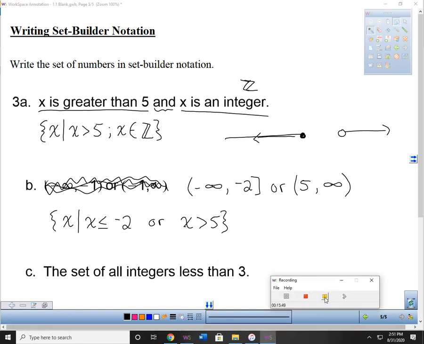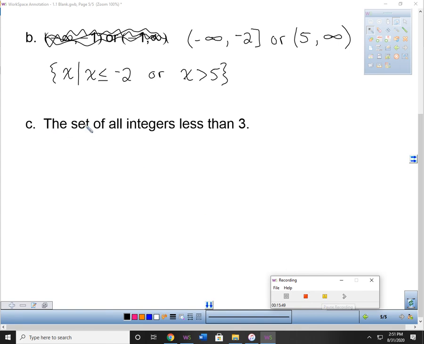All right, the set of all integers less than 3. So first they told you that these are all integers and that they are less than 3. So you have two pieces of info. So get your brace, your x, and your such that. So you know that your numbers are less than 3.